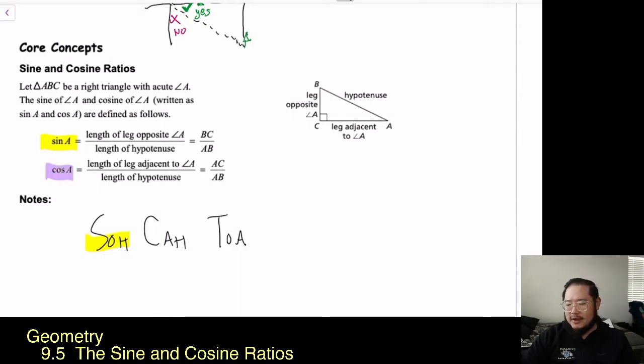I can go ahead and realize, hey, that's adjacent over hypotenuse. And I could say cosine of A or even cosine of B, depending on what sides they give us or what side or angle I want to actually find, other than the 90-degree angle, which is the obvious one. All right. Moving along.